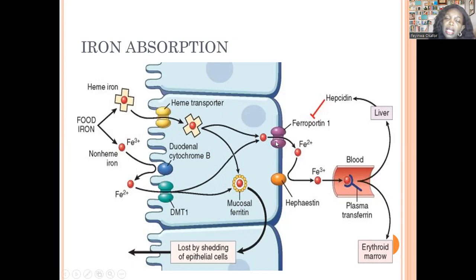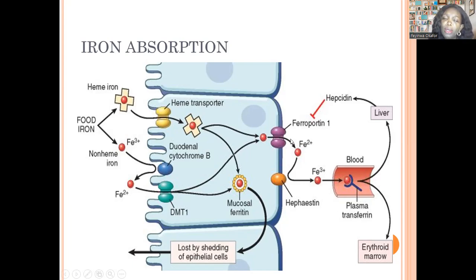Ferroportin is the channel that allows iron efflux from many cells that contain iron. This ferroportin allows the iron to move into the circulation to be bound to transferrin. Remember, transferrin is the protein that transports iron in plasma.